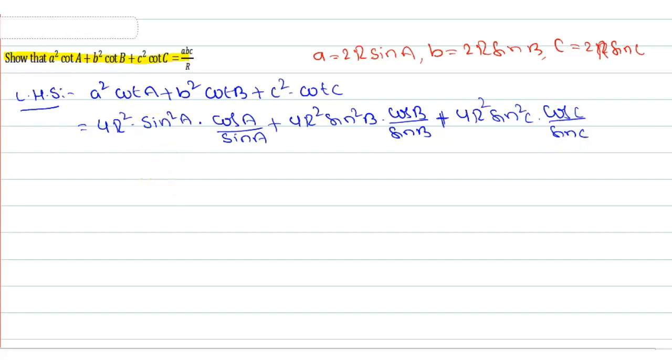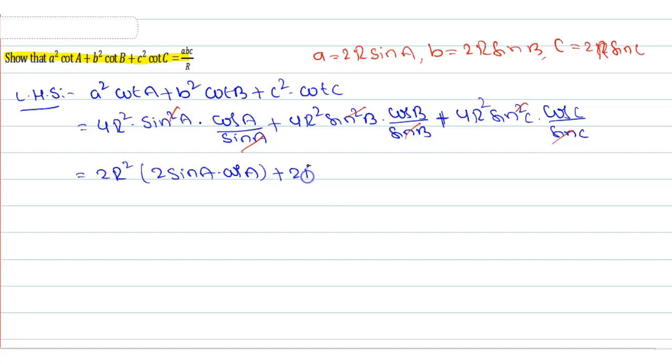Here I can cancel similar terms. Here sin² is there, so one sin cancels in each. Leftover value I can write. So this is equal to 2R² into 2 sin A cos A. Here in sin²A, one sin is cancelled, leftover sin is there, so sin A cos A I am writing as a pair.